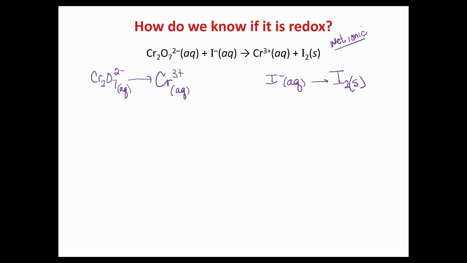So to understand what's going on with them, what we would do is assign oxidation numbers. Maybe this is review. I'm not sure, but sometimes the oxidation numbers are easy to spot. So this has a negative charge, so for sure its oxidation number is -1. And then our elements are always 0.